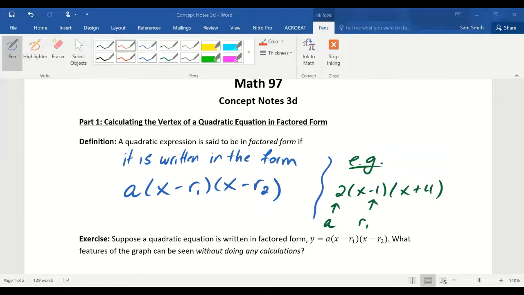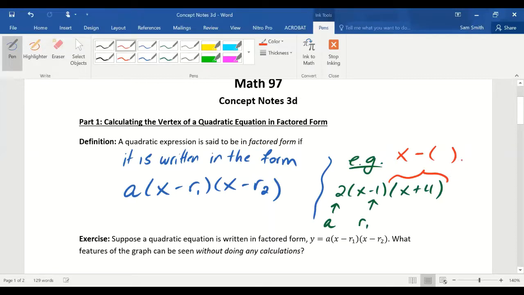Now the back of this may look a little bit sketchy at first because it doesn't have a subtraction here. But we can alter this slightly so that we can see the subtraction hidden in this factor. Instead of x plus 4, I'm going to rewrite this as x minus something else.